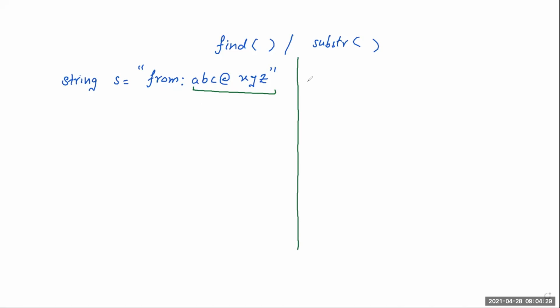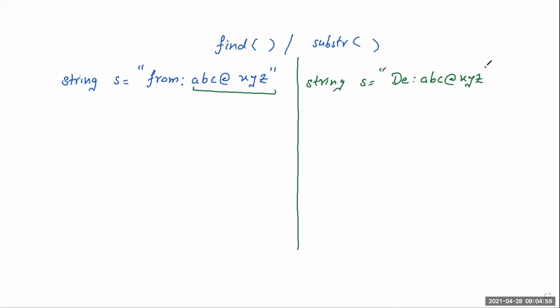Because you can also have a situation like this, that this email is coming from a server where the platform or the server language was English. If the same email is coming from a server where the default language was French, rather than from, you will have de, which means from in English, something like this, de abc.